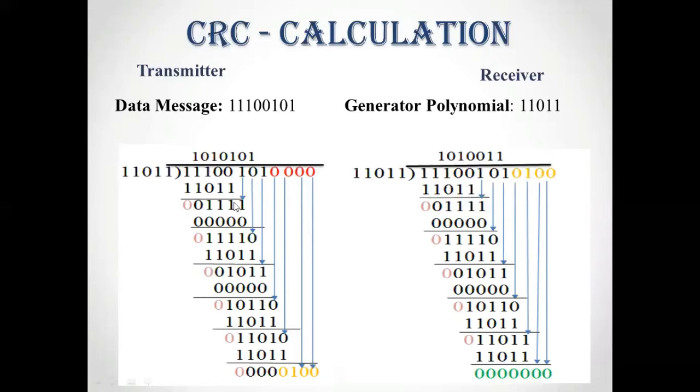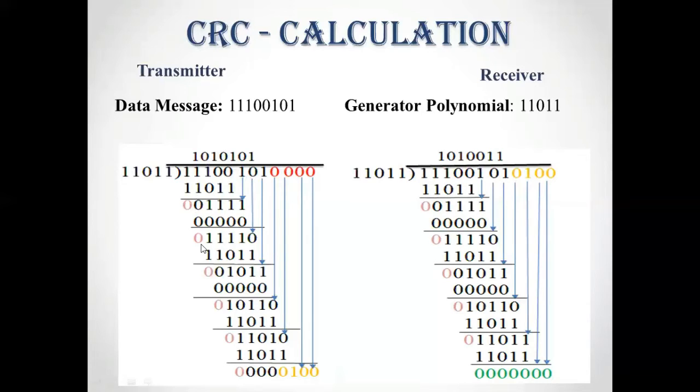Here we have only 4 values, and my generator polynomial length is 5, so I consider the next bit, which is 1. Again I perform the XOR operation for this bit. If this is 0, I write 0, since anything multiplied with 0 gives 0.